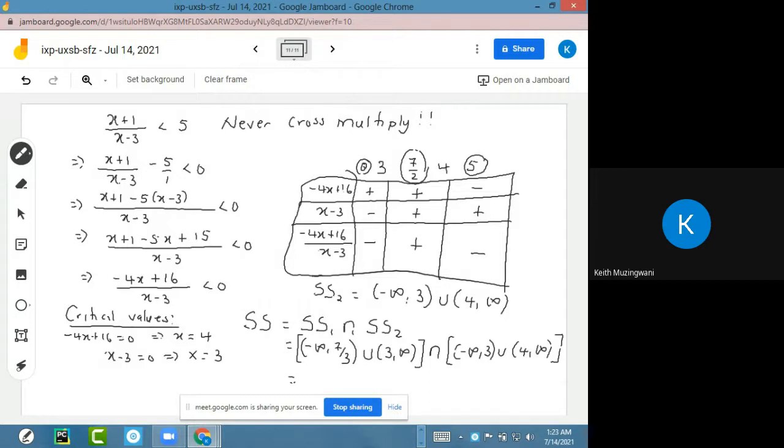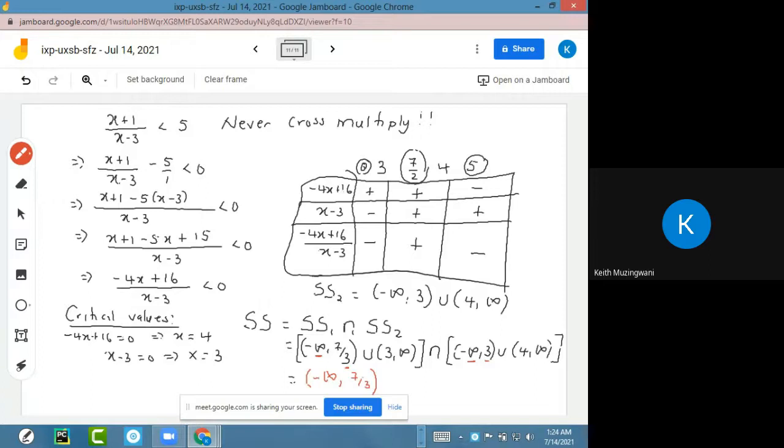So to intersect here, observe, between negative infinite and this negative infinite, you get the biggest number. Now you find that they are the same, so you would get negative infinite. Between 7 over 3 and 3, get the smallest. Now 7 over 3 will be the smallest here.